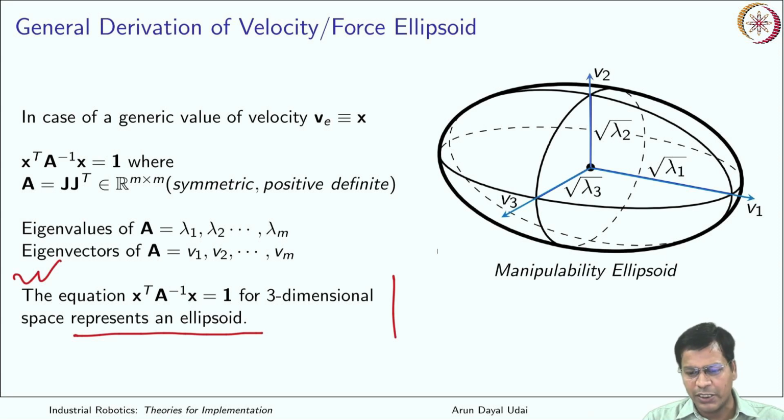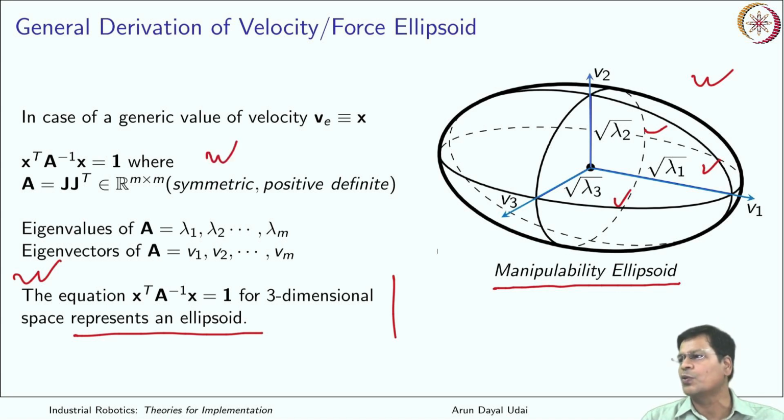So the manipulability ellipsoid looks like this. You see the square root of lambda 1, square root of lambda 2, square root of lambda 3 are nothing but the axes of this ellipsoid. This is a mathematical relation, it has not much to do with robotics. This expression can relate a similar space in mathematics, which over here, if I say it is VE, is the velocity ellipsoid.